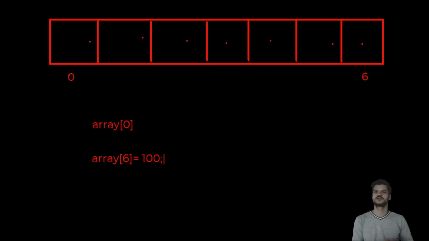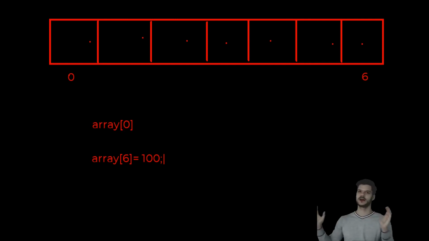For example, if you're going to be storing a 32-bit integer in an array of size 10, we're gonna have a 320-bit array, and also inside the memory, all the elements are next to each other.